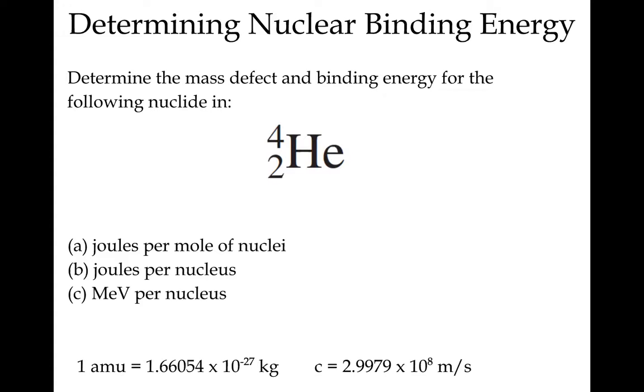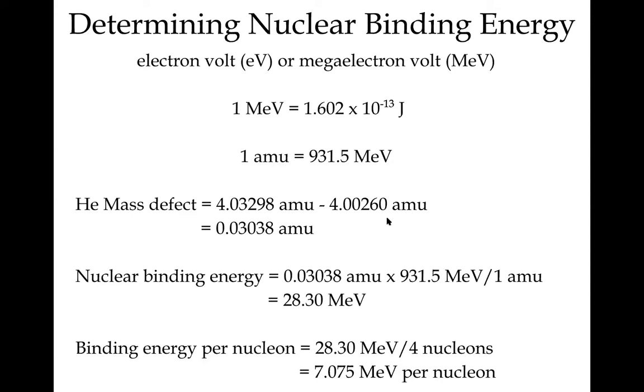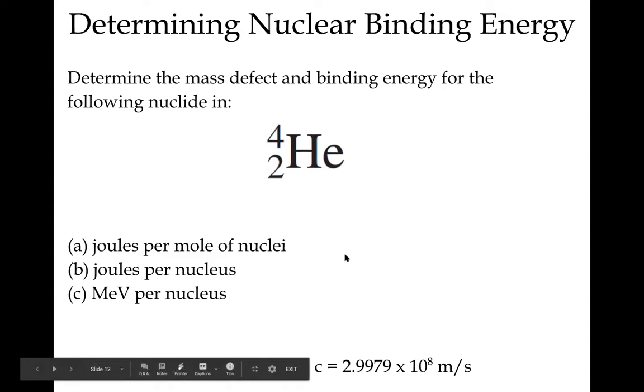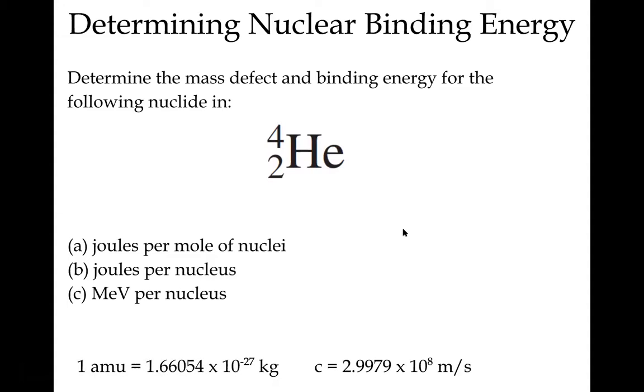Now, once you pause it and work on it, you already have the mass defect right there. But you can use the approach of 1 AMU equals 1.66054 times 10 to the negative 27 kilograms, or you can just convert the AMUs of the mass defect to grams per mole. I don't care how you do it, it's up to you. But pause it, give this problem a shot, and we'll see what we can come up with.